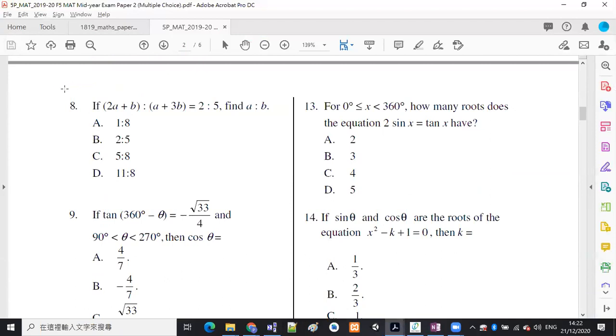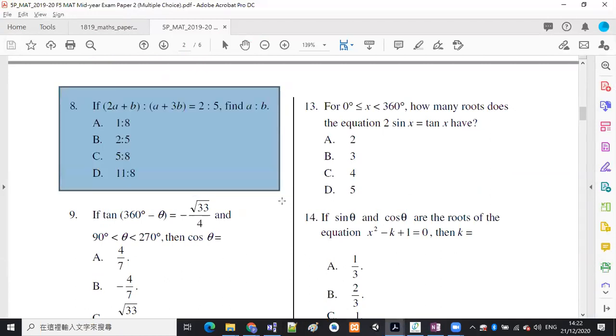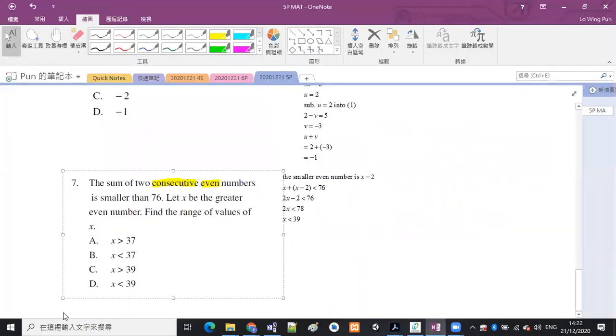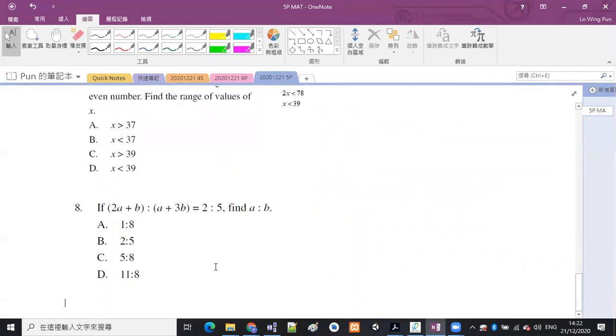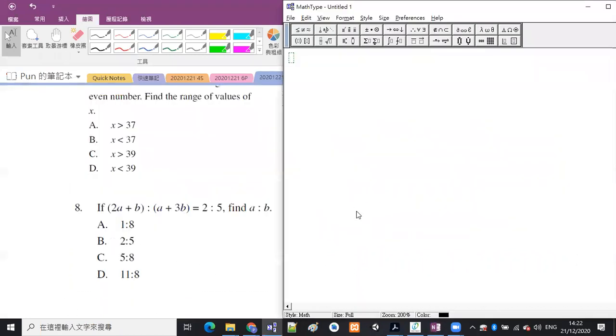Then number 8. It's about ratio. So 2a plus b to a plus 3b is equal to 2 to 5. I told you that the ratio format is not convenient for us to do calculation. So when we have a ratio, we are going to change it to a fraction first.